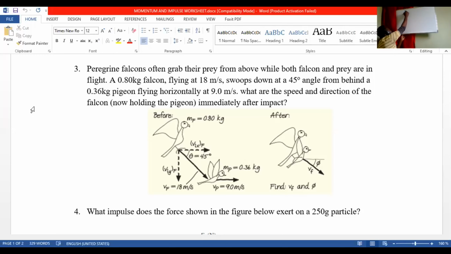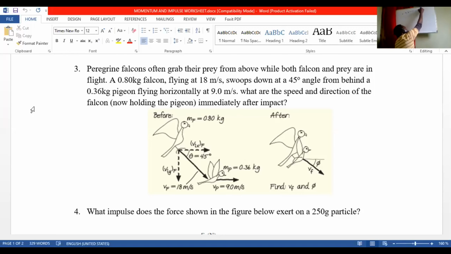In our x plane, for our falcon, it's the mass of the falcon times the velocity of the falcon in the x plane. It's moving diagonally, so in the x plane that is cos, so it's VF cos theta. The x plane is going to the right, so that's positive. Your pigeon is going to the right as well, so that's MP times VP, since it's not diagonal.